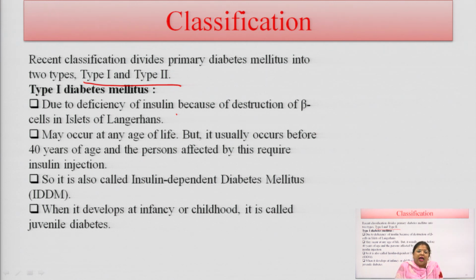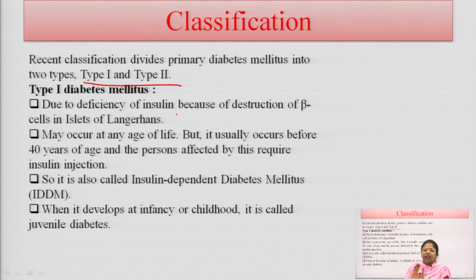Type 1 diabetes mellitus is basically known as insulin dependent diabetes mellitus. It is totally dependent on the secretion of insulin. The reason is any destruction of the pancreas, any destruction of beta cells, or any abnormality present here in the releasing of insulin from these beta cells of the islets of Langerhans of the pancreas.